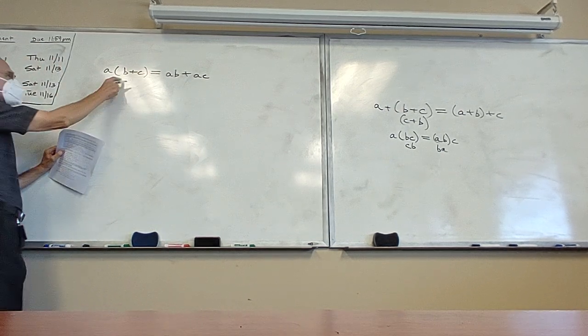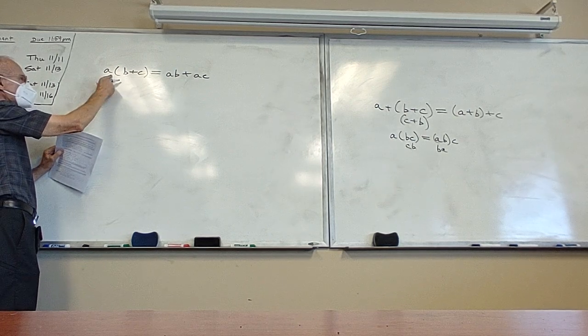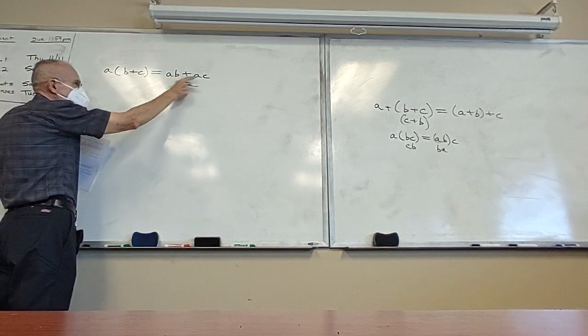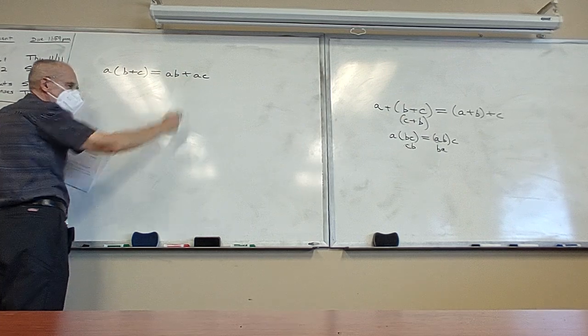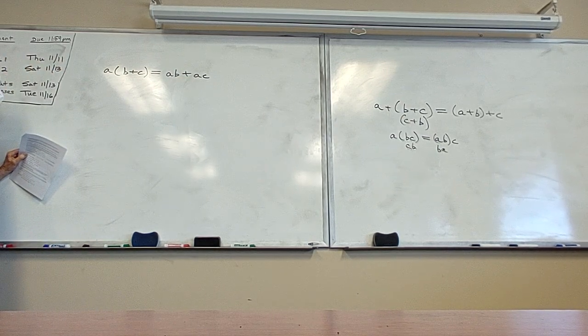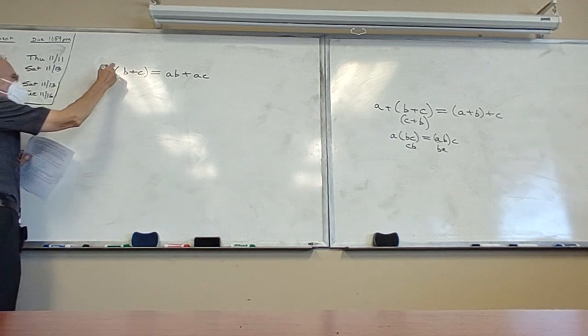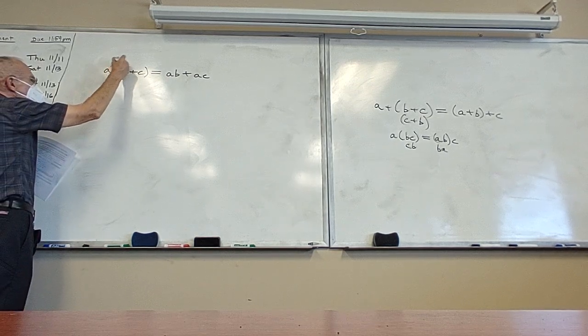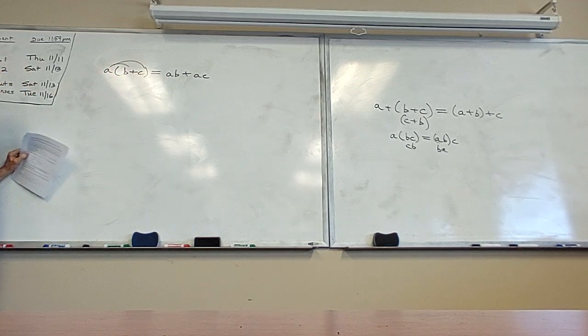Now really on the left there's only two operations, one addition and one multiplication. Over here there are three operations, two multiplication, one addition. But they're the same. We usually show this by drawing these curves, and I do this all the time.